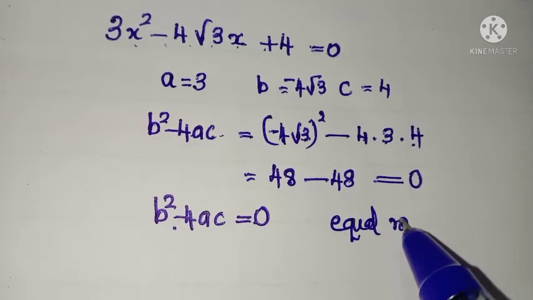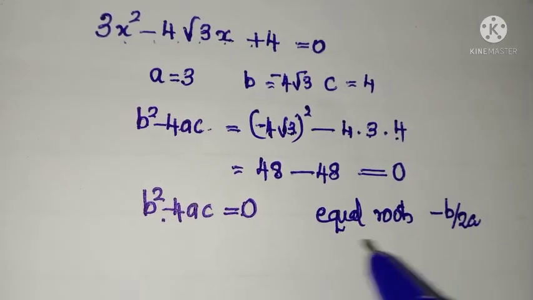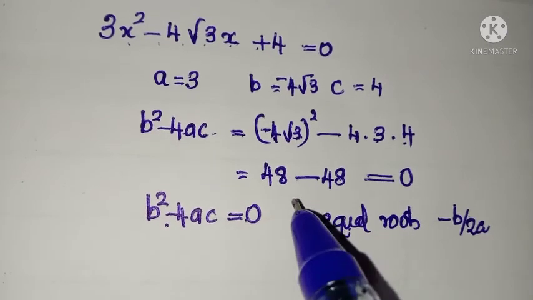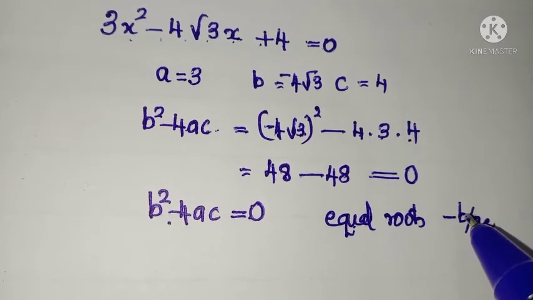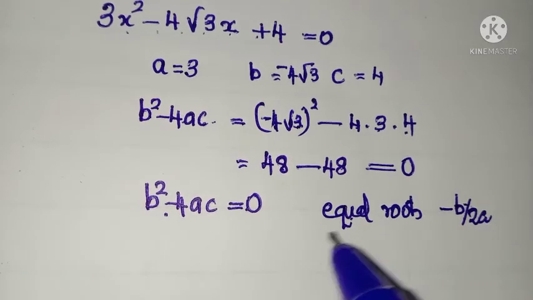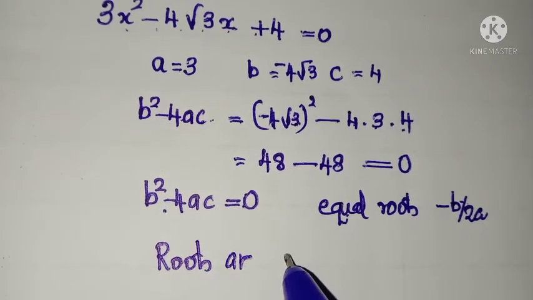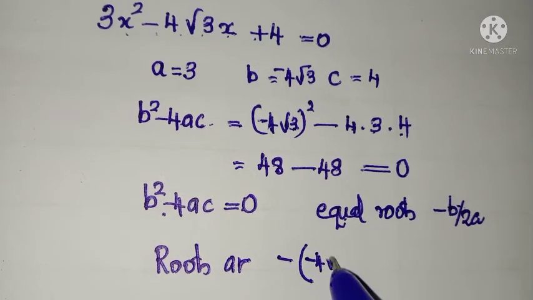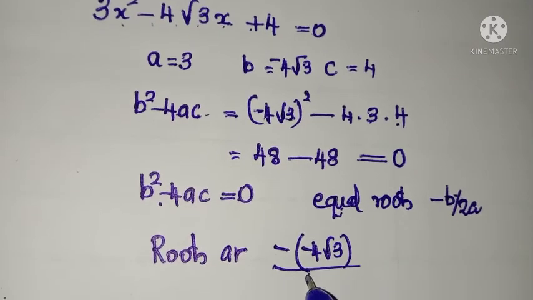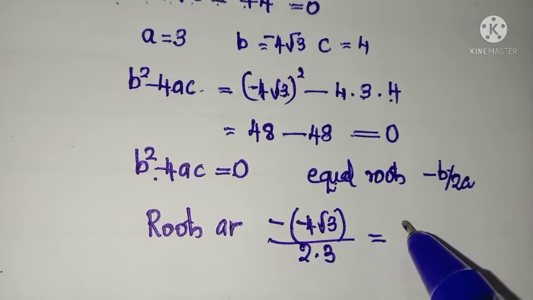And the roots are given by minus b by 2a. So no need to use the quadratic formula to obtain the roots. Simply put the values in this expression. So what are the roots? Roots are minus b, that is minus of minus 4 root 3, by 2a, that is 2 into 3. Minus into minus is plus.